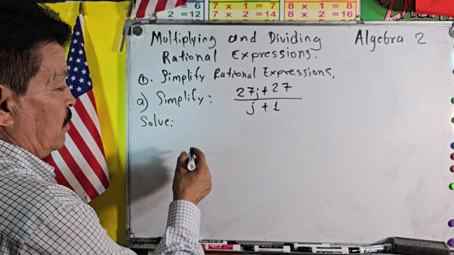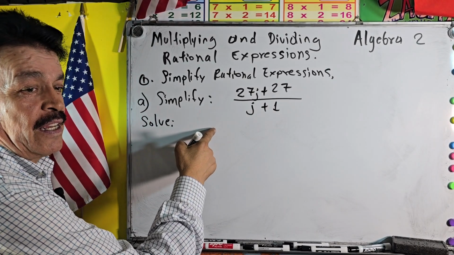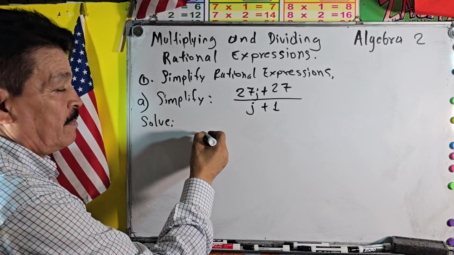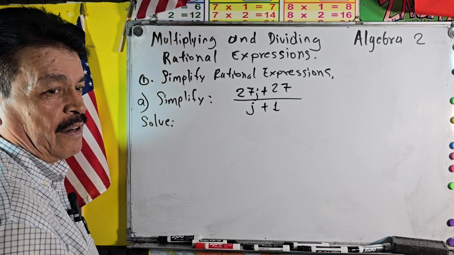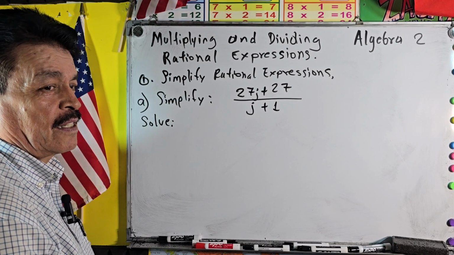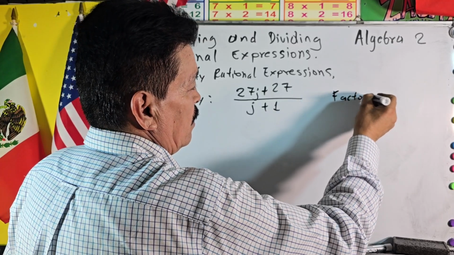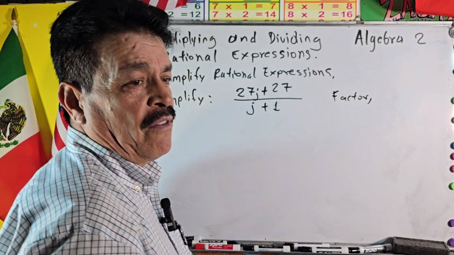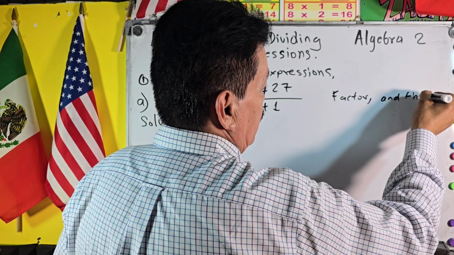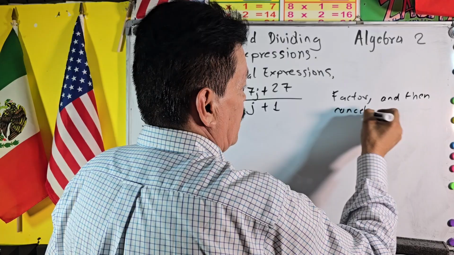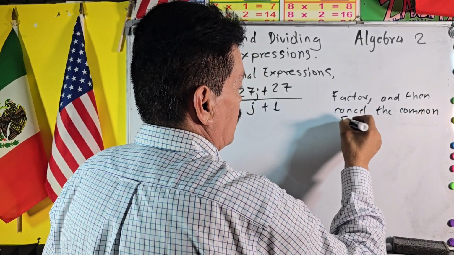So then I will write here 27j plus 27. We have to factor here. The first step: factor, and then cancel the common factors.